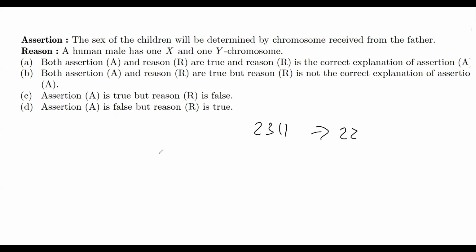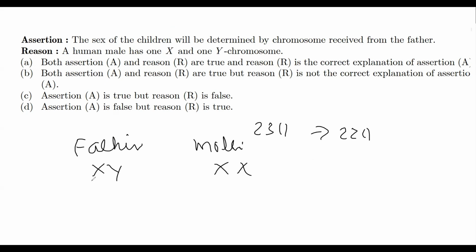But the 23rd pair is different, right? As I said, 22 pairs are the same. The 23rd pair is different in male, right? There can be confusion between father and mother, so let's write father. So father has XY chromosomes and the mother has XX chromosomes.